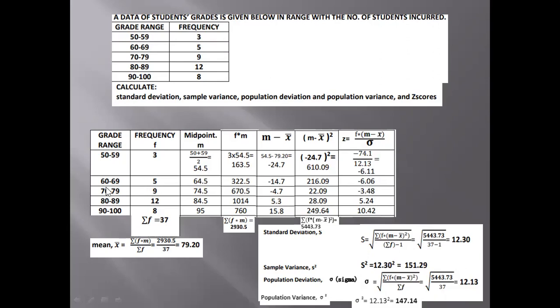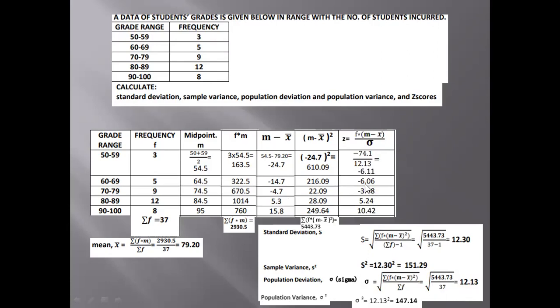For the range of 60 to 69, we multiply negative 14.7 with the frequency, all over 12.13.